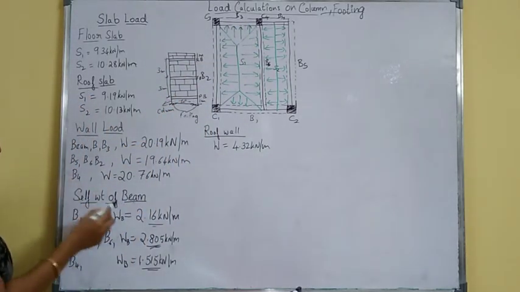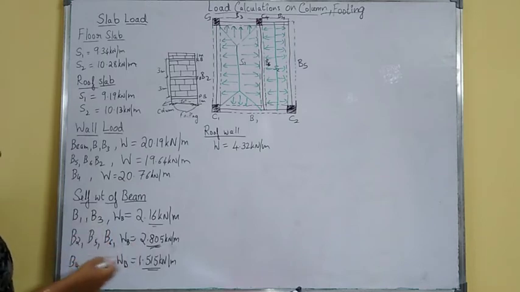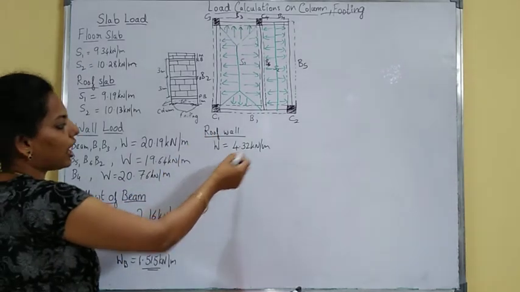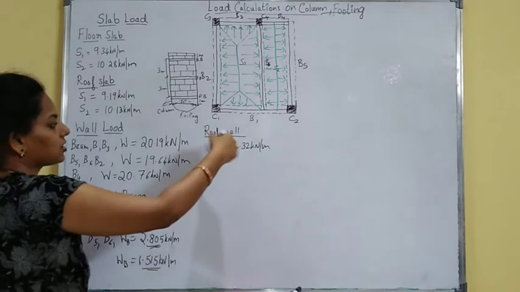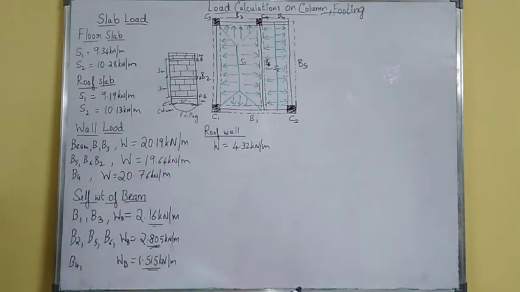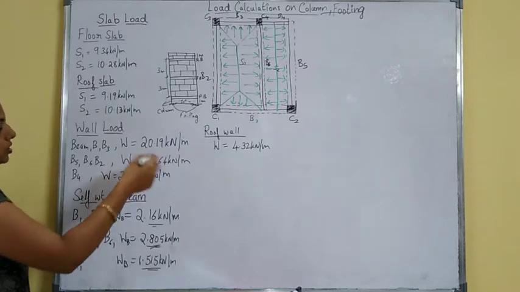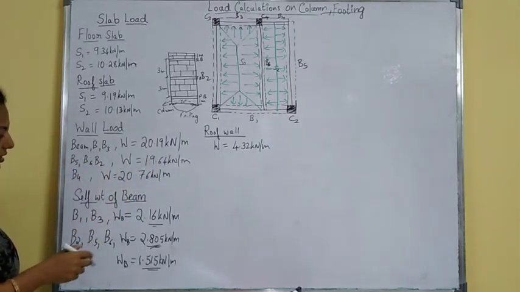Next, self weight of the beam: for B1 and B3 it is 2.16, this one is 2.805, and for B4 you have 1.515 kilonewton per meter. For the roof wall you have 4.32 kilonewton per meter, considering the parapet wall. These are the loads that we have calculated earlier.